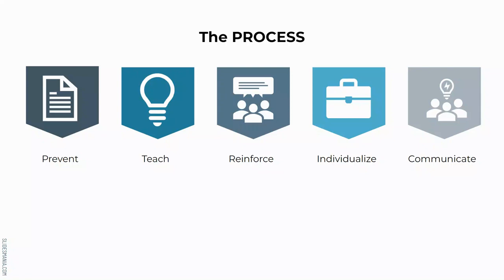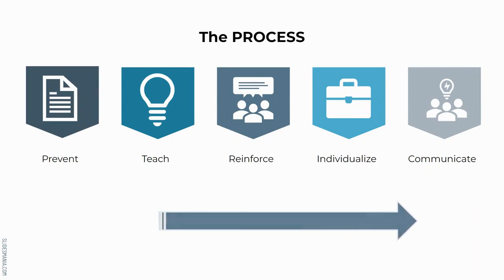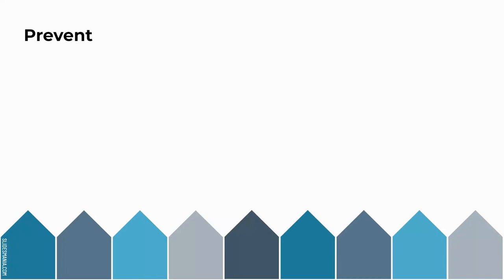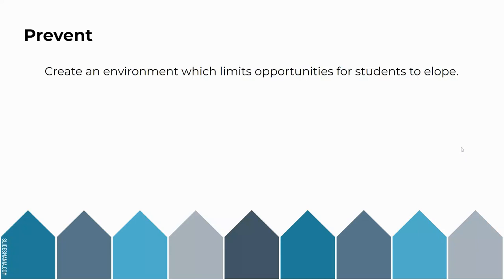The process we will be talking about today for addressing elopement is prevent, teach, reinforce, individualize, and communicate. Starting with prevention, you want to create an environment which limits opportunities for the student to elope.